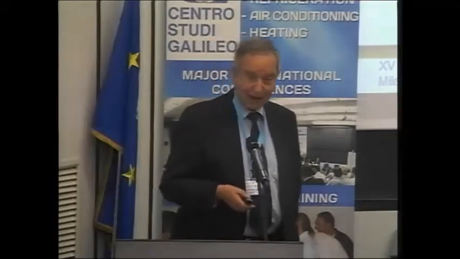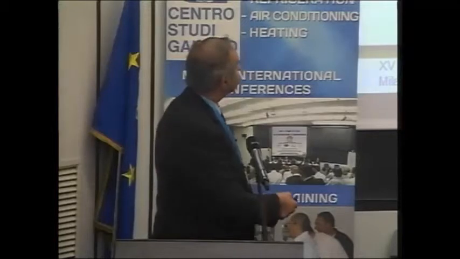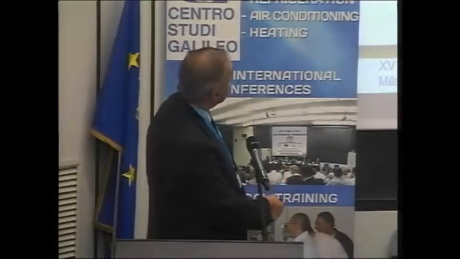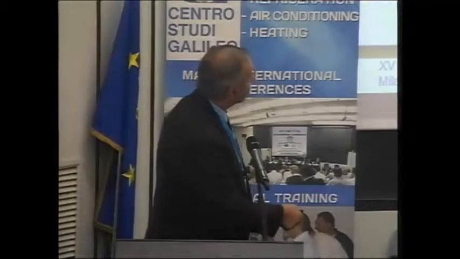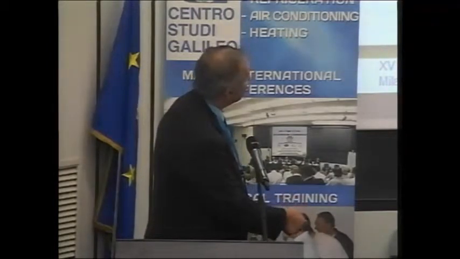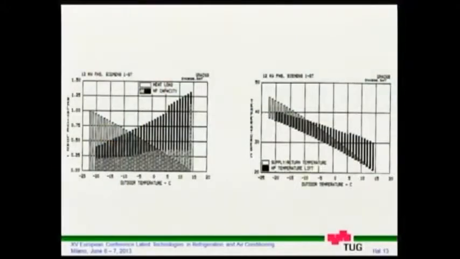And this remarkably higher capacity means that the heat pump outlet temperature is significantly higher than the temperature required by the heat distribution system. Here is again the return temperature, the heat pump outlet temperature, and this is the temperature required by the heat distribution system.